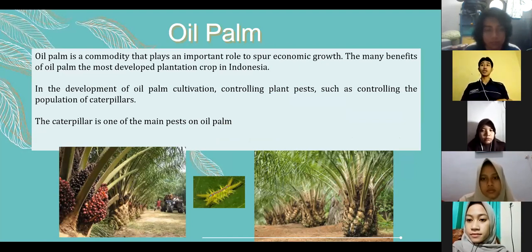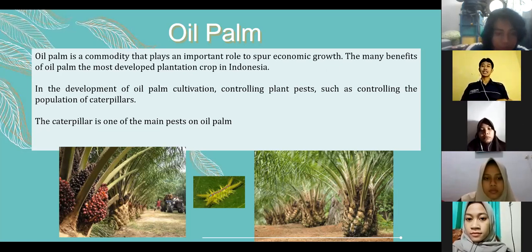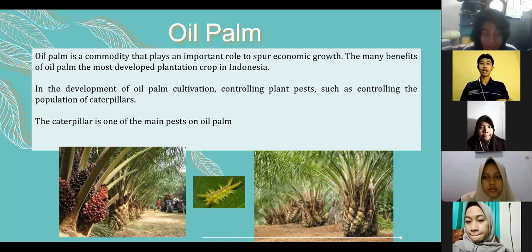In the development of oil palm cultivation, controlling palm pests is still one of the important studies in oil palm cultivation techniques, namely controlling the population of caterpillars. The caterpillar is one of the main pests on oil palm, and it belongs to the caterpillar group that feeds on oil palm leaves.